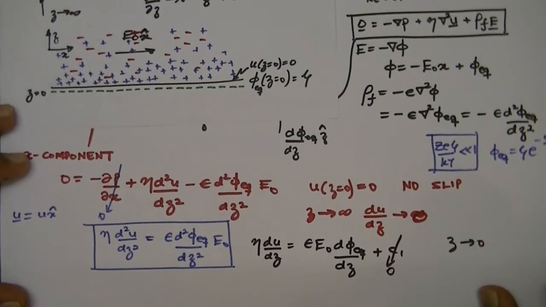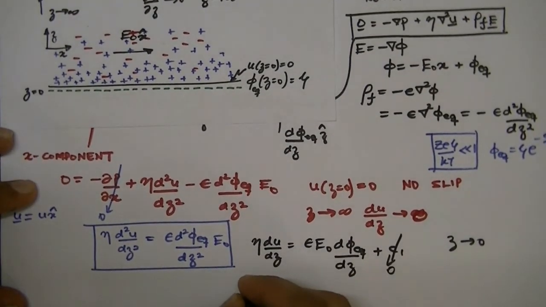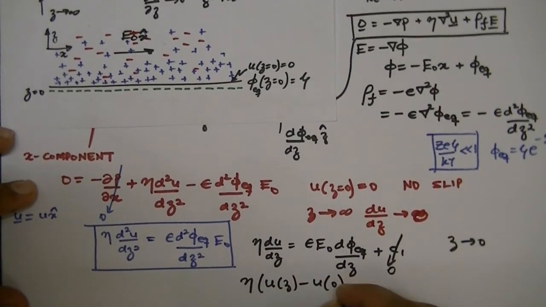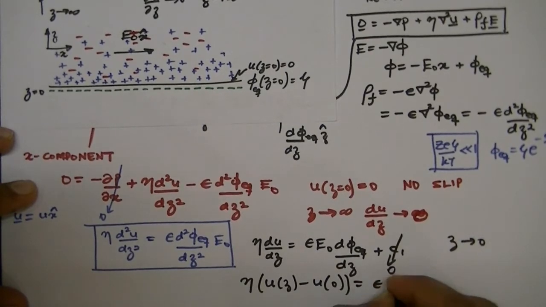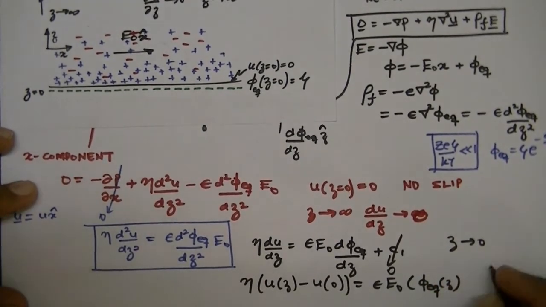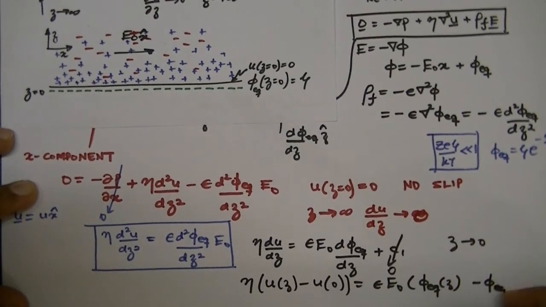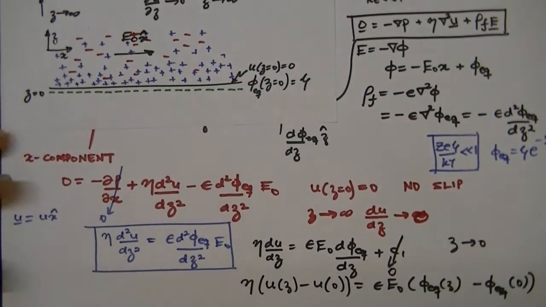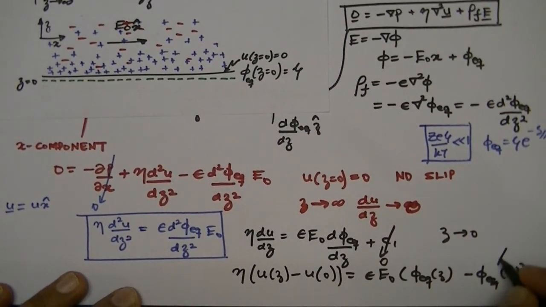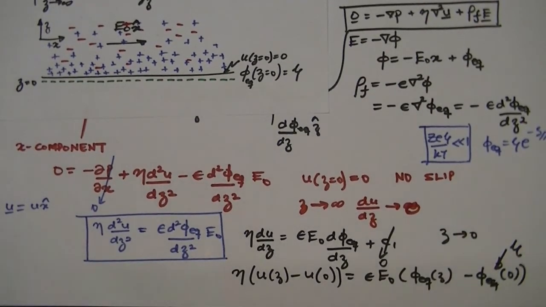Next we'll integrate this equation again, and we'll get eta times u at any value of z minus u at z equals 0 is epsilon times E naught times phi equilibrium at some value of z minus phi equilibrium at z equals 0. Now recall that at z equals 0, phi equilibrium is actually the zeta potential.